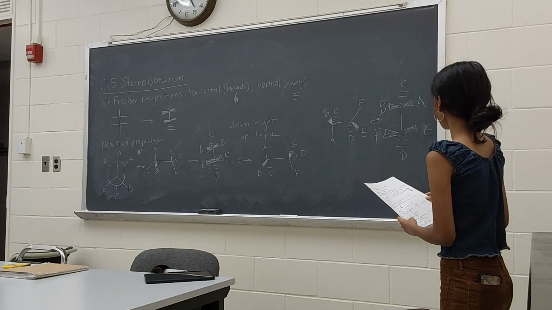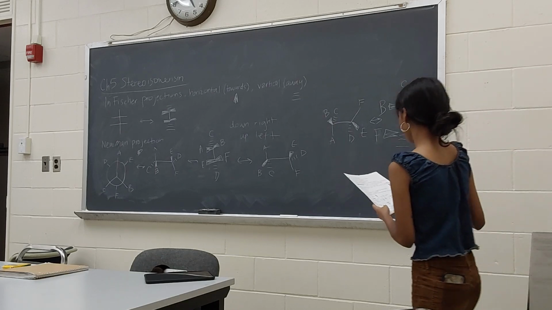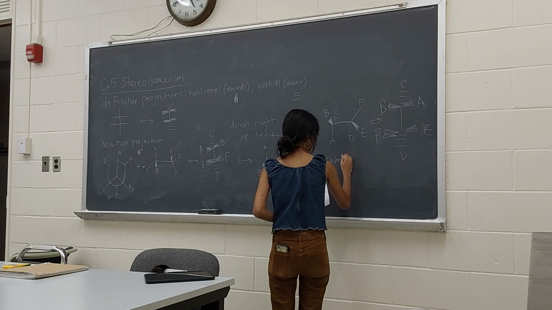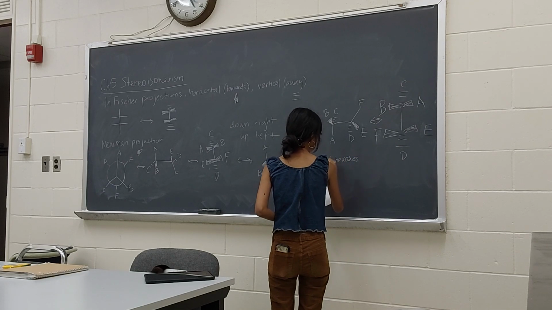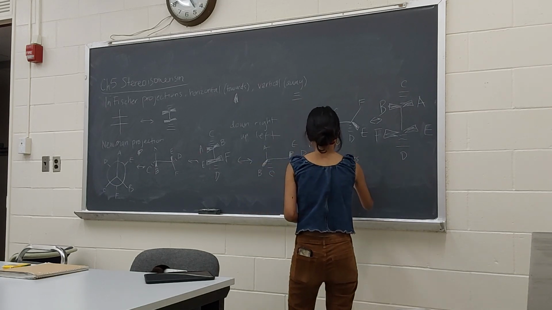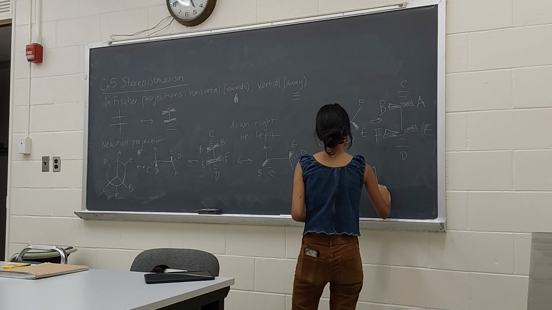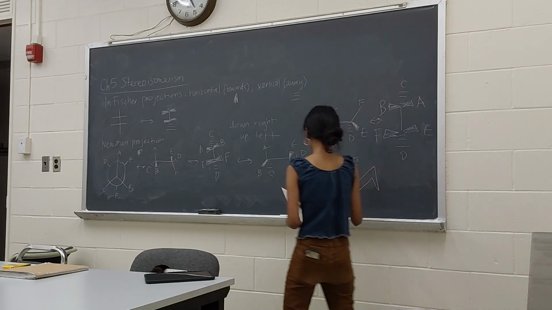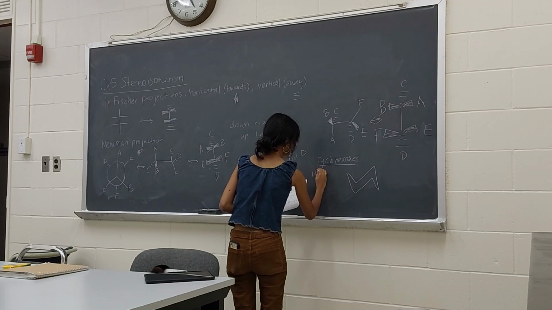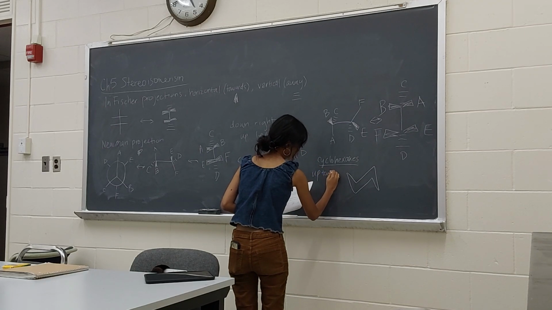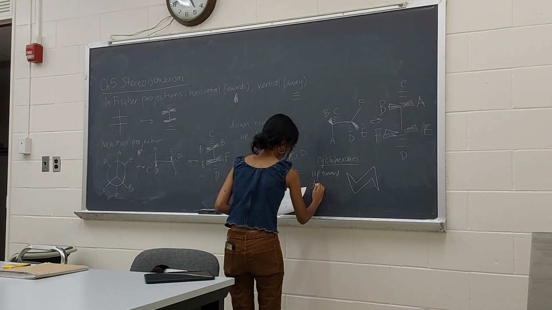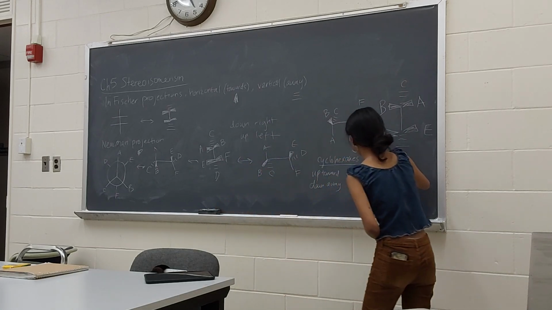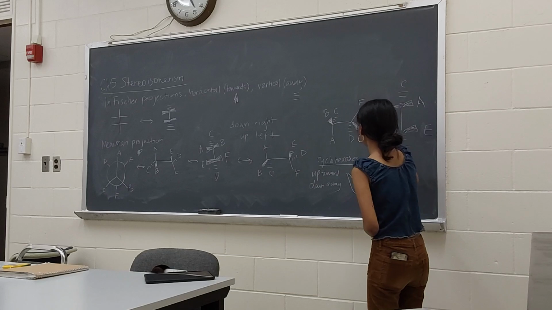And then finally, for cyclohexanes, you might be given a cyclohexane. Just know that upwards will be towards and down will be away. So if a group is axial upwards, that's going to be towards.